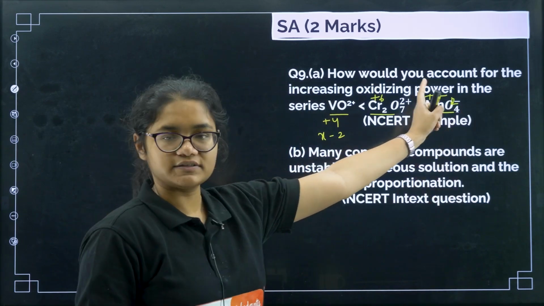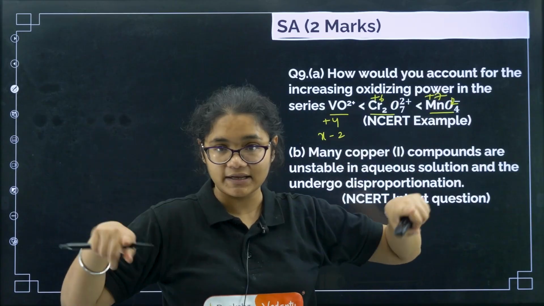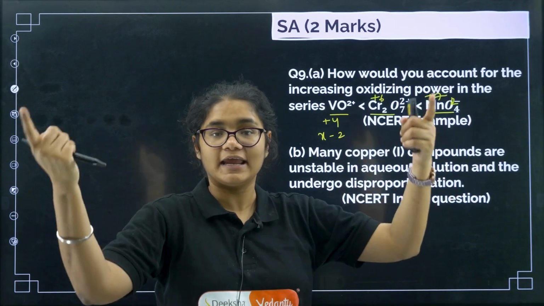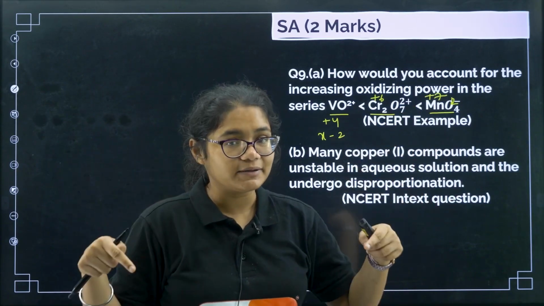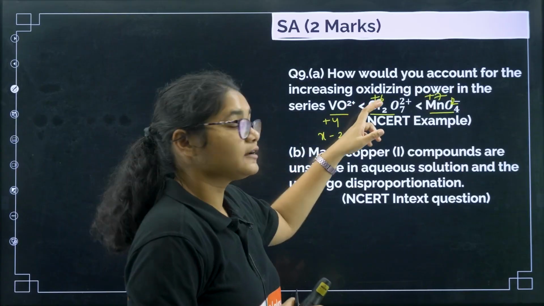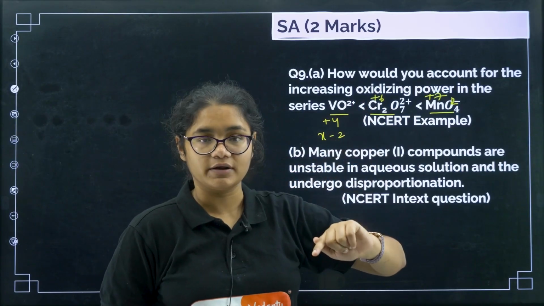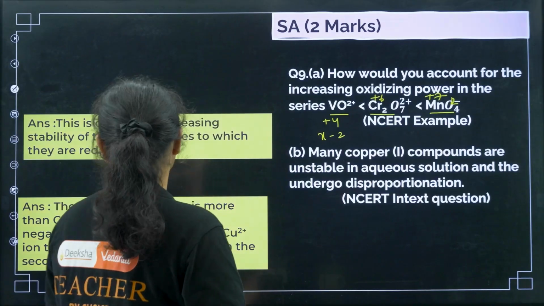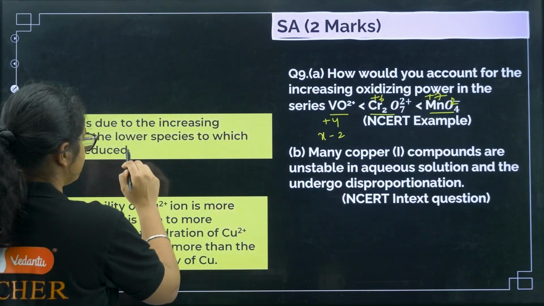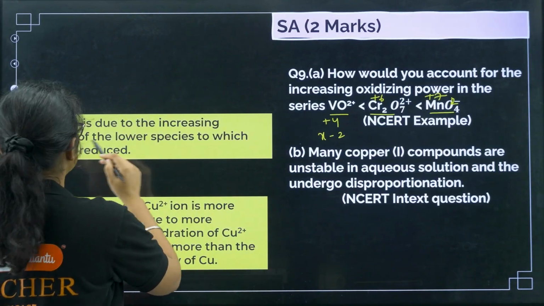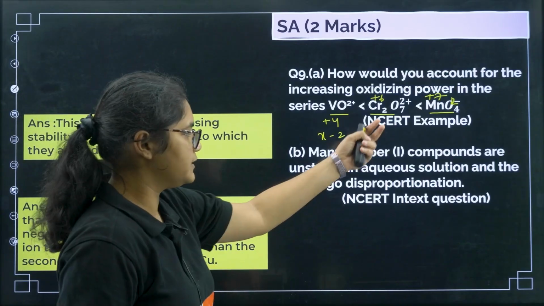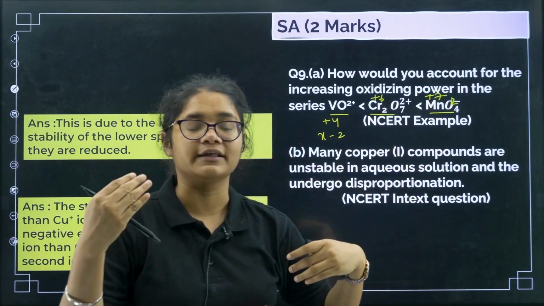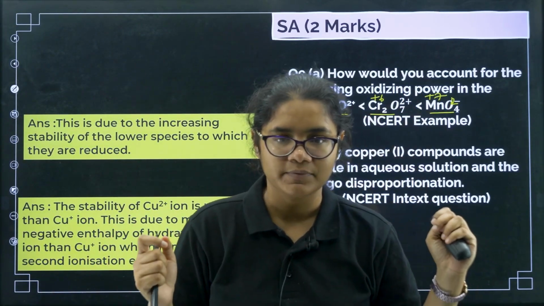So the higher the oxidation state, it has lost many electrons, that means it can gain many electrons. If it gains many electrons, it is undergoing reduction. If it is undergoing reduction, it will behave as an oxidizing agent. Okay, so that you can explain. This is due to the increasing stability of the lower species to which they are reduced. Okay, the stability after gaining electrons, they will gain a more stable configuration.